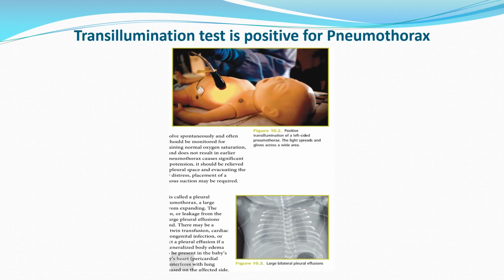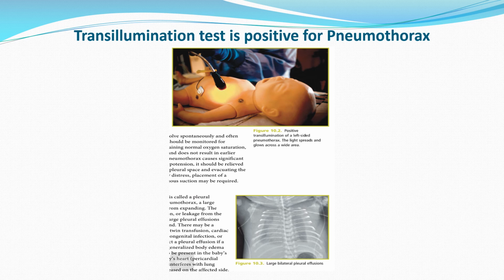So in spite of all previous measures, including positive pressure ventilation through the ambubag, the addition of chest compression, and the use of adrenaline, if the patient still has apnea or gasping, or his heart rate is below 60 beats per minute, we have to think of other alternatives like the development of pneumothorax, which can be diagnosed clinically.